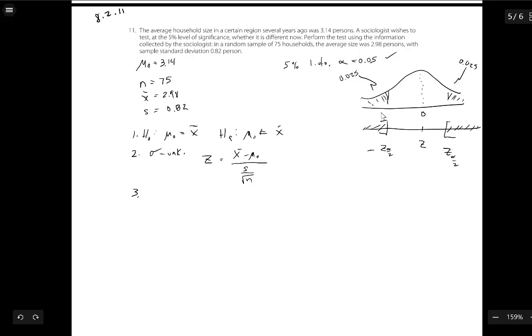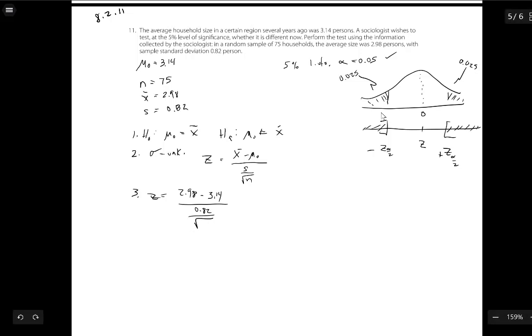All right, so our test statistic: z equals x bar, which was 2.98, minus the null mean, which was 3.14, divided by the standard deviation of our sample, 3.82, divided by the square root of our sample size.